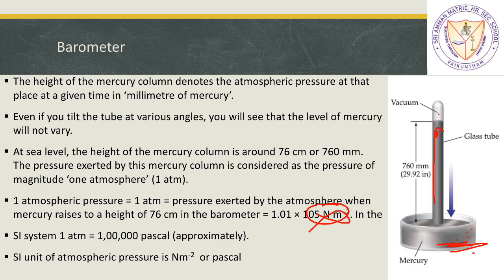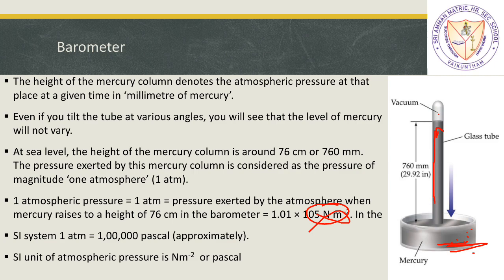Previous to that, we studied increasing and decreasing the pressure. So we know that pressure depends upon thrust and area of contact. The relation is P is equal to F by A, where F is thrust or force divided by area of contact gives us the value of pressure.